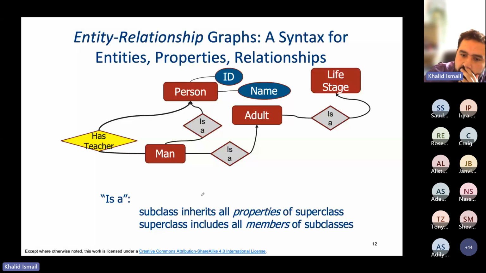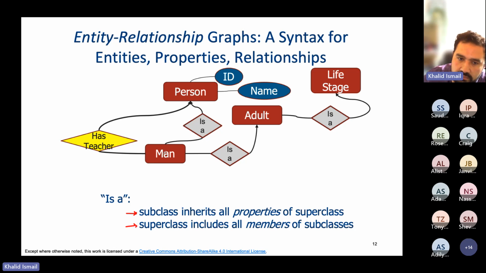Okay, so it's very important for us to know that the subclass, such as a man in this case, inherits all properties of the superclass. So it does inherit all of the properties such as name, ID, and others from the person class, which is the superclass in this case. The superclass also includes all members of the subclass.